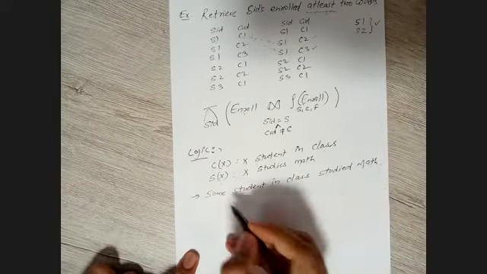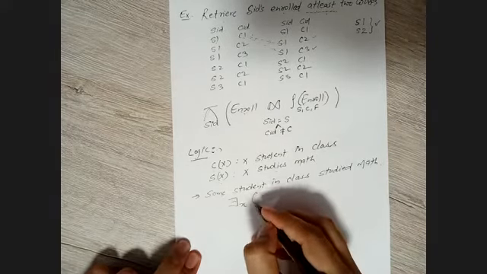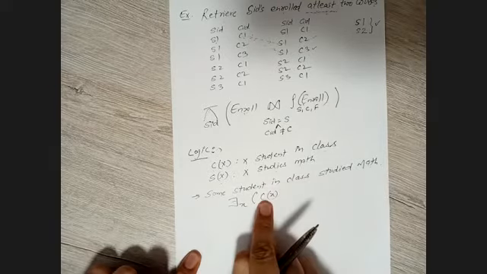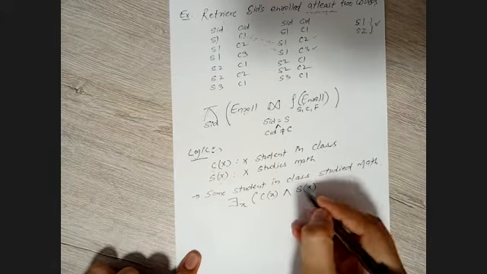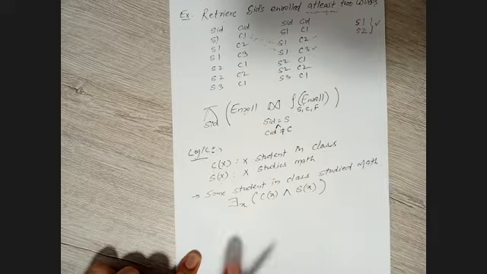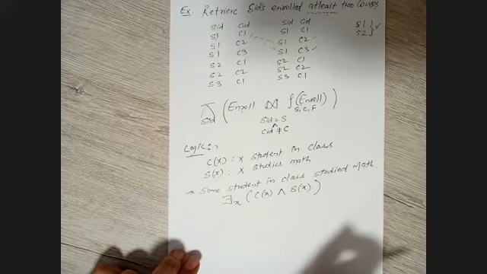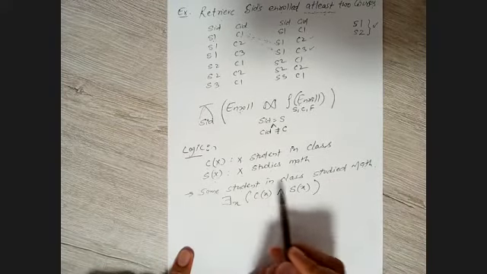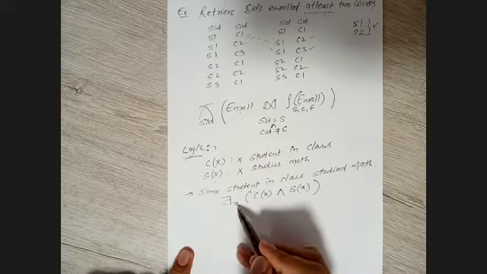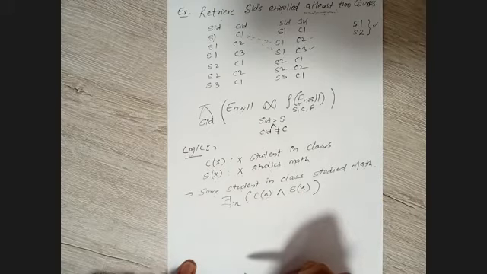So, there exists some x who is a student, and this is the conjunctive form, and the student studied mathematics. This is the sentence formulation using predicate logic, first order logic, and predicate calculus. So for 'some student in a class studied math,' we have: there exists some x who is a student and studied mathematics.